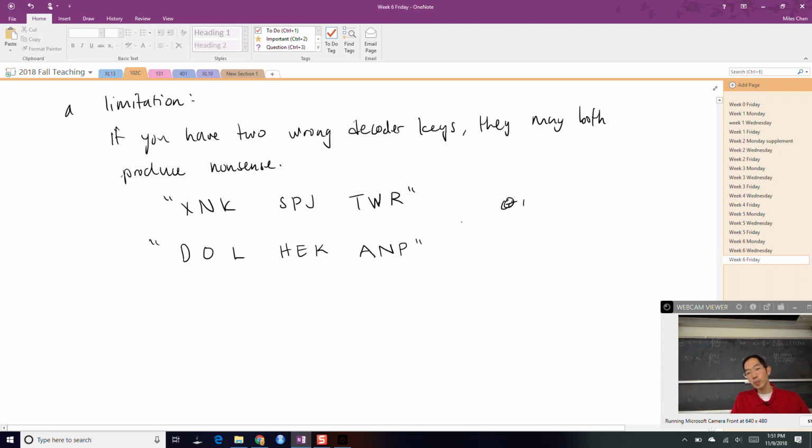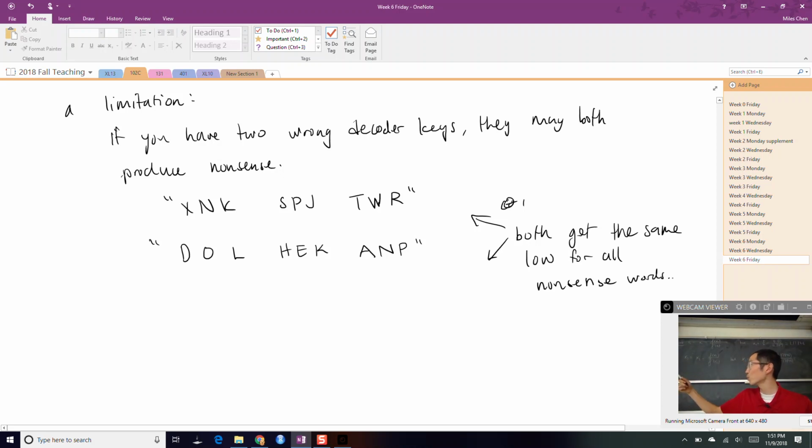And these both get the same low score for having all nonsense words. However, one of these looks more like English than the other, right?